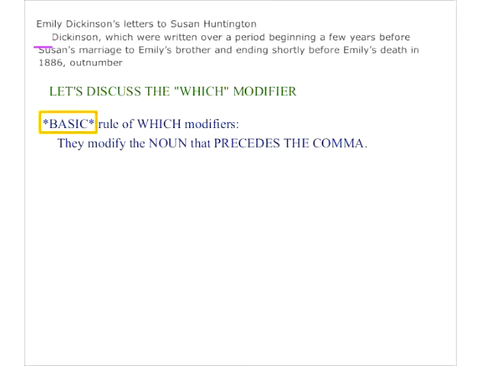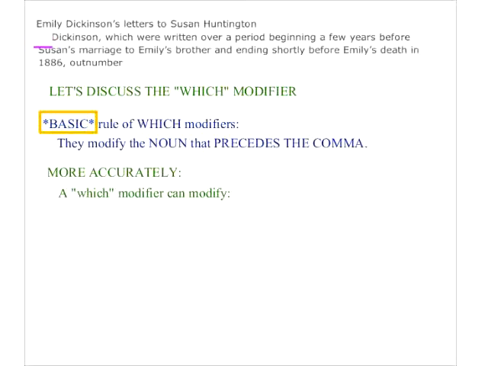So, a little bit more fine-grained look at this. More accurately, a which modifier can modify the immediately preceding noun. Of course it can. The noun that immediately precedes the comma. That can definitely work.